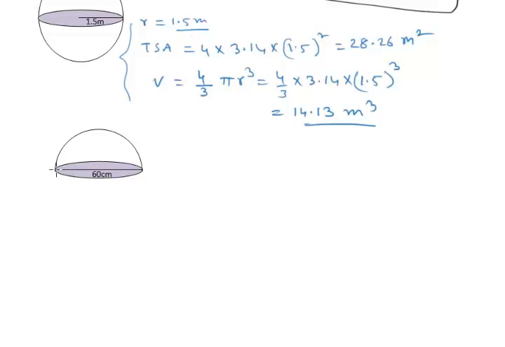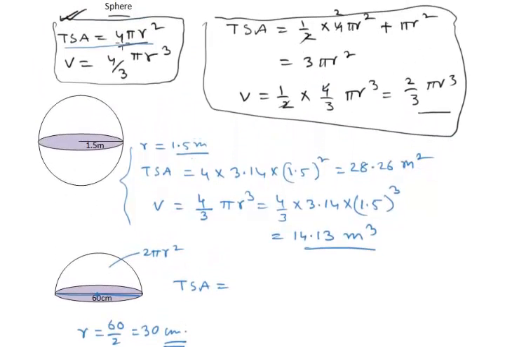So here the total diameter is given 60 centimeter. So the radius, half of this, the radius will be 60 division 2, that is 30 centimeter. So we know the radius. Now the total surface area. For this part we will be getting half of the total sphere, that is 4 pi r square is the total surface area for the sphere.